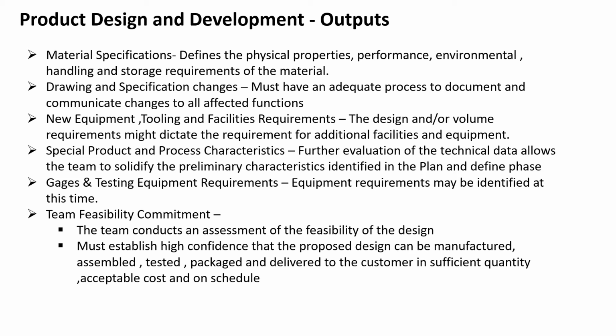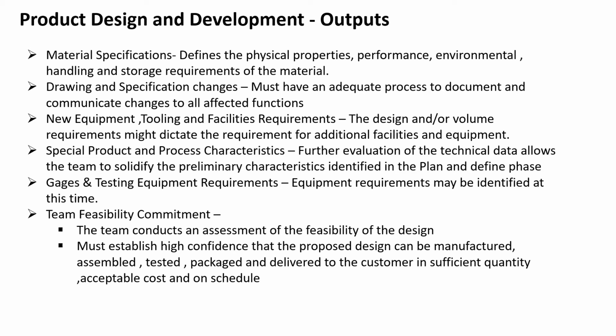New equipment, tooling and facilities requirements: the design and/or volume requirements might dictate the requirement for additional facilities and equipment. Special product and process characteristics: further evaluation of technical data allows the team to solidify the preliminary characteristics identified in the plan and define phase.